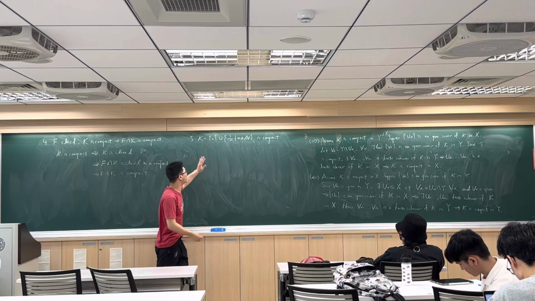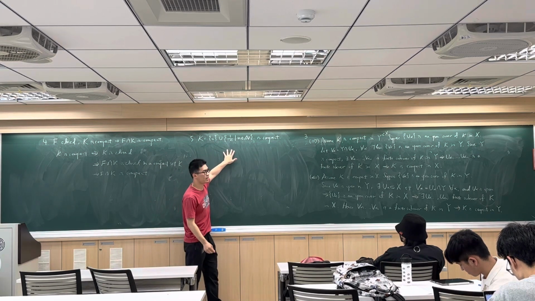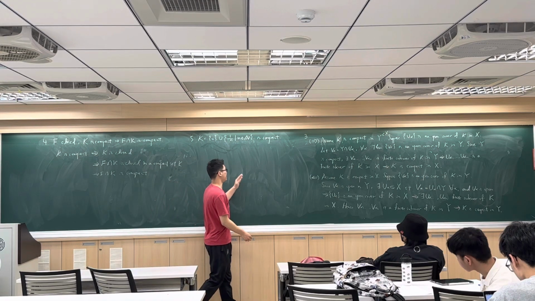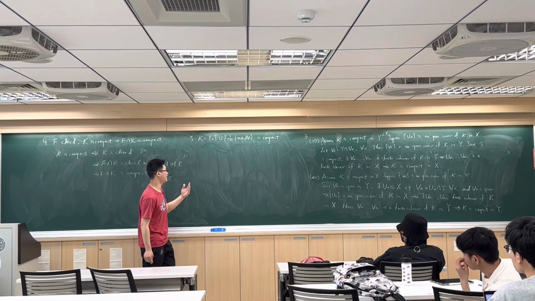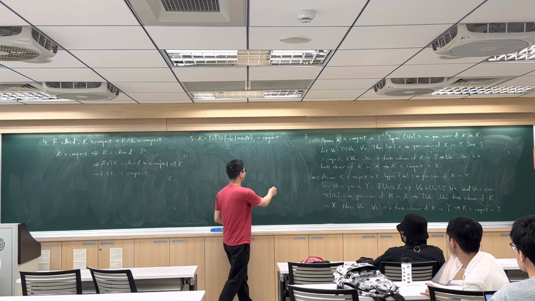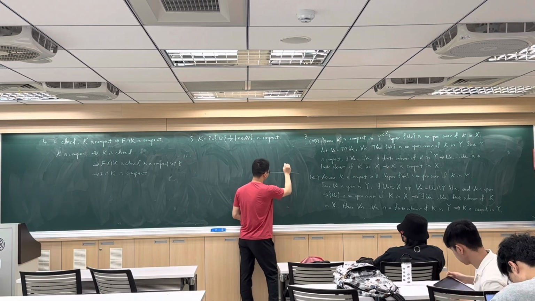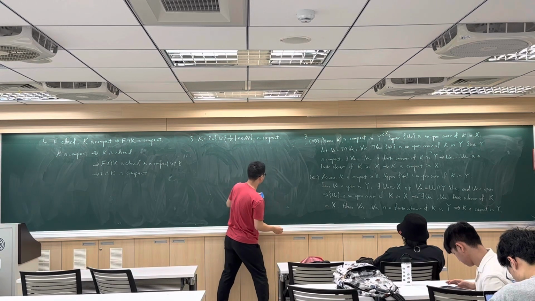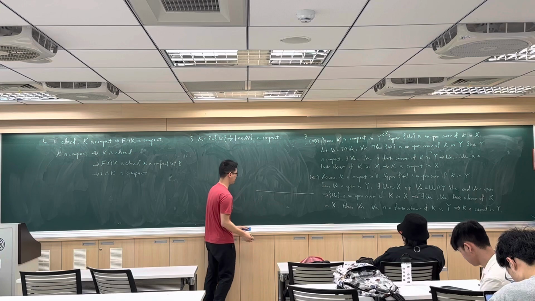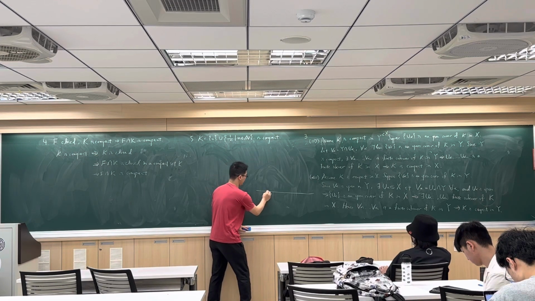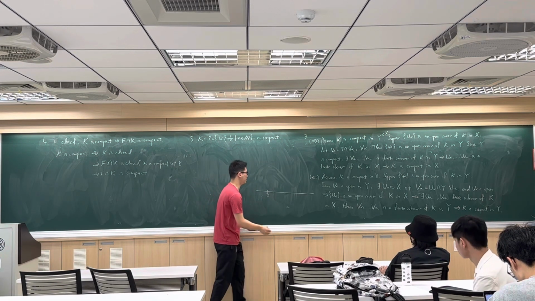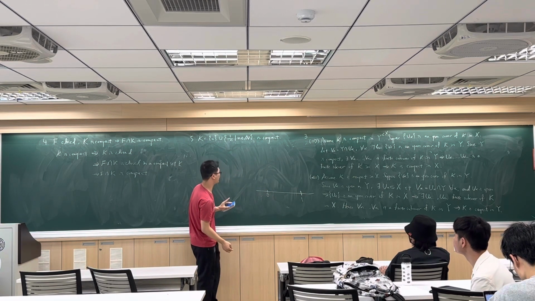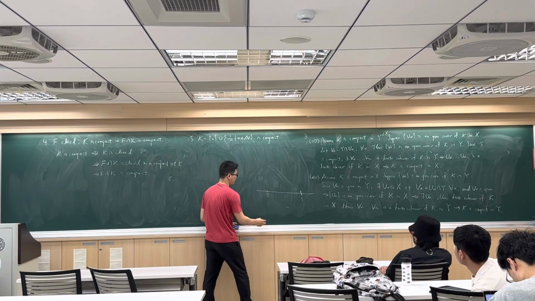The last one: prove K, the union of 0 and 1/n, is compact without using Heine-Borel, because if you use Heine-Borel, it is a sudden kill. So let's first draw a diagram. If this is 0 and this is 1, the points of K will look something like this.